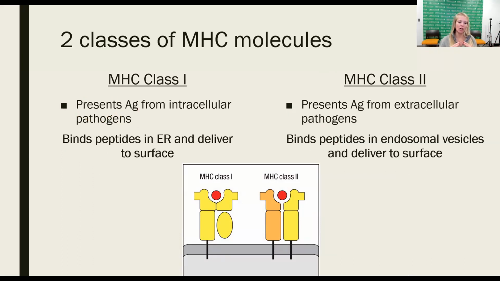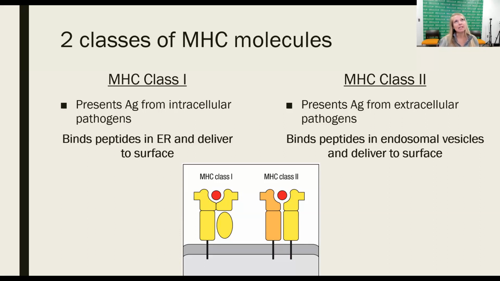MHC1 molecules are going to be important in presenting antigen from intracellular pathogens. They are going to bind those peptides in the endoplasmic reticulum and deliver them to the surface of that antigen presenting cell.